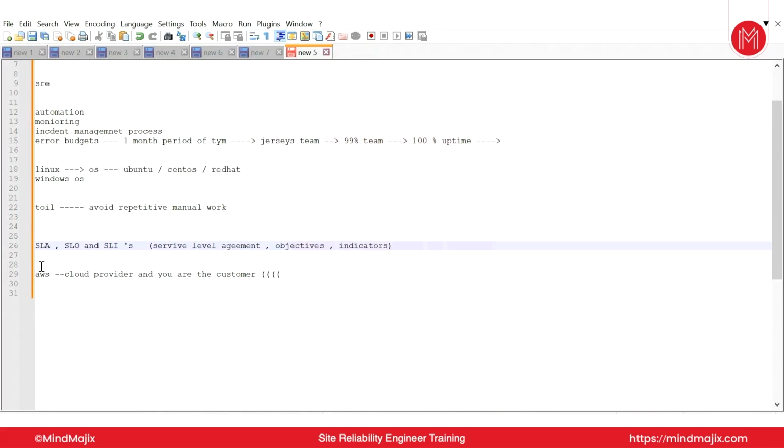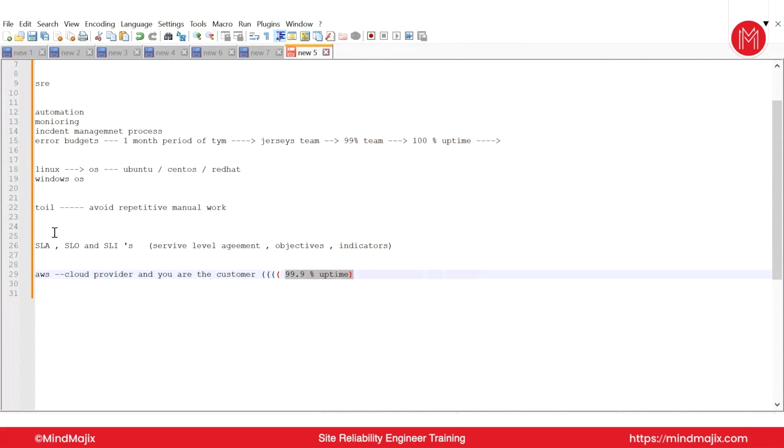Here 99.9% is the uptime agreement which came between the customer and the AWS cloud provider. So SLO is about whether the provider is able to meet that expectation, the quantifiable target. SLO is nothing but whether they are able to meet the target or not.